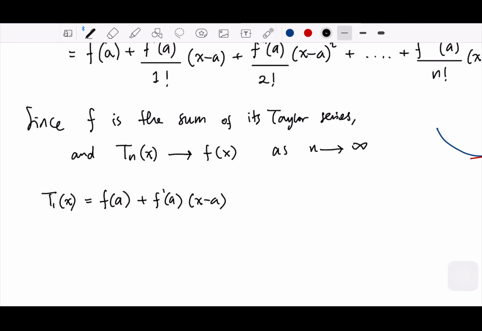So it's not just a different subject, a different chapter from all of calculus. The Taylor series we can study in a more general concept. Okay, so this is the partial sum, and this is also what we call the linearization.